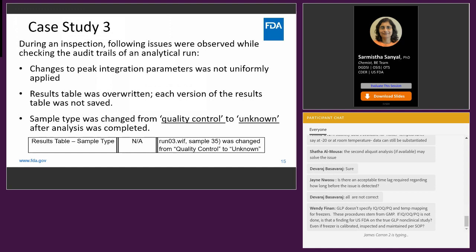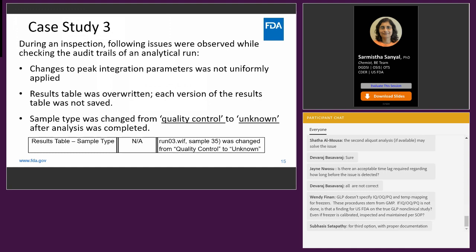New version of the results table should be saved with a new name. Additionally, sample type should not be changed once analysis is completed. Sometimes sample name or type may be changed before analysis, but that should not be the case once analysis is done. Now, let us discuss some questions related to case study 3.